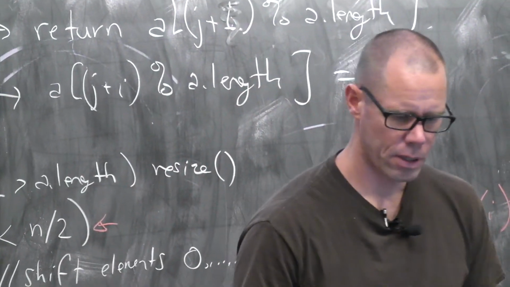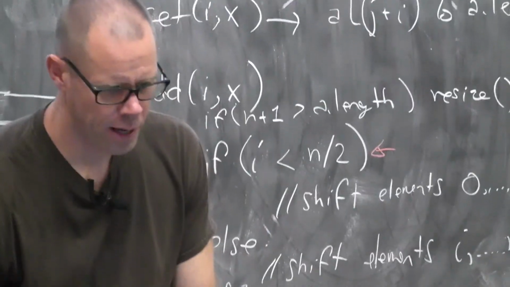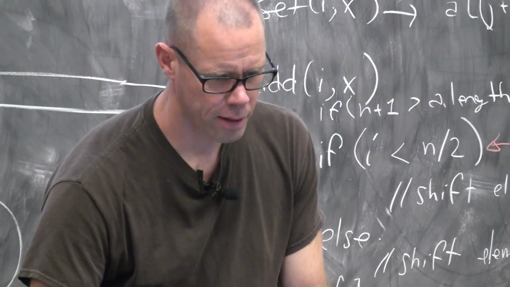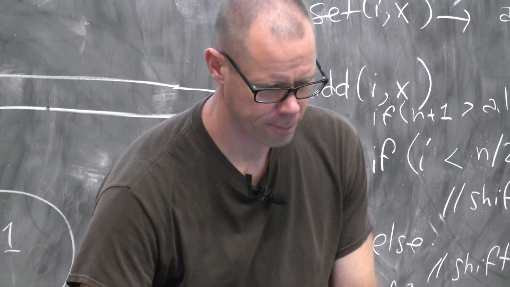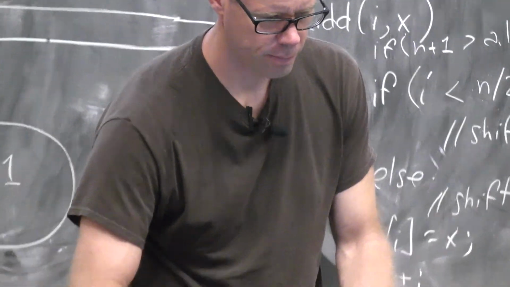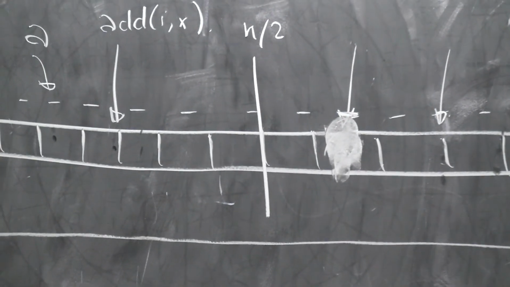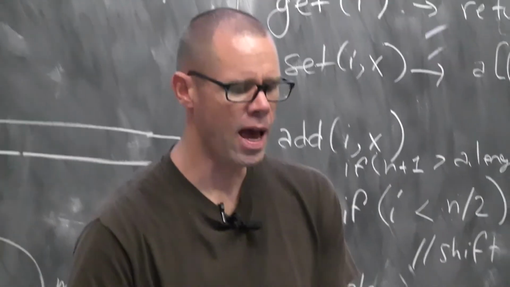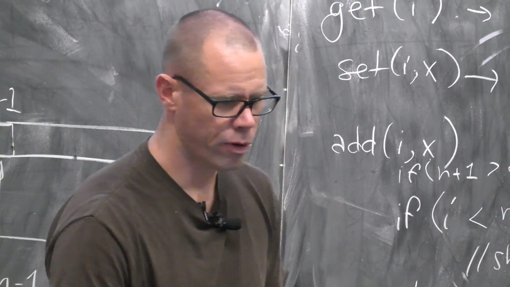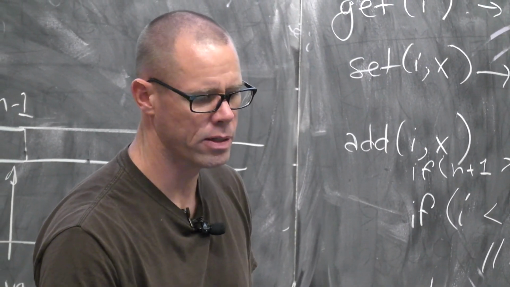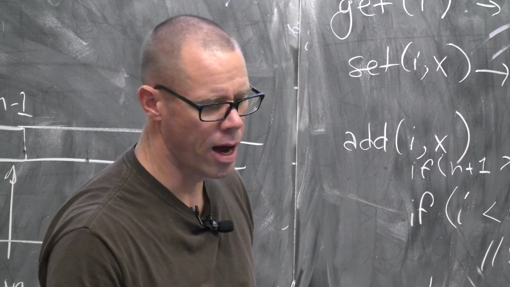Okay. So we can quickly take a look at what that code looks like. That is array dec. So here's for instance, the add operation. First check for out of bounds conditions, then check if you need to resize.